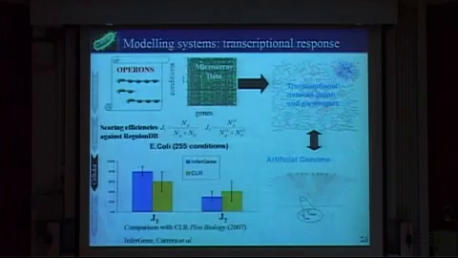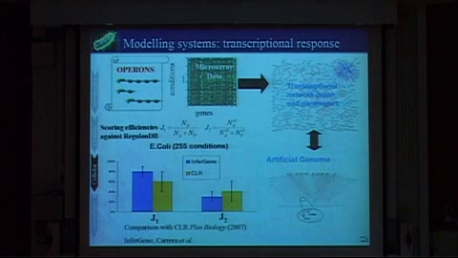Here we use microarray data, and from microarray data we have developed a methodology that infers the global transcriptional network. We have also developed a methodology that generates synthetic microarray data from artificial genomes, as I showed you before.